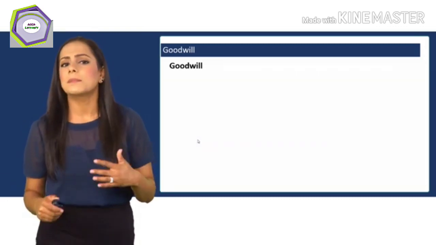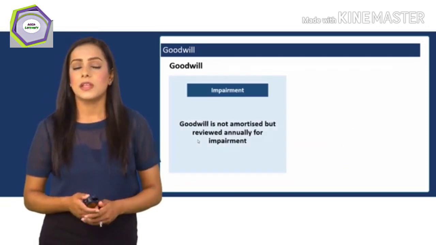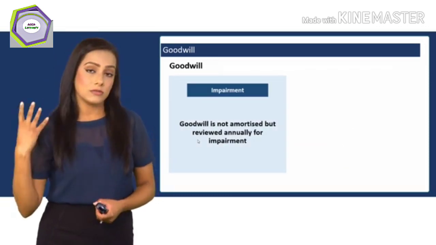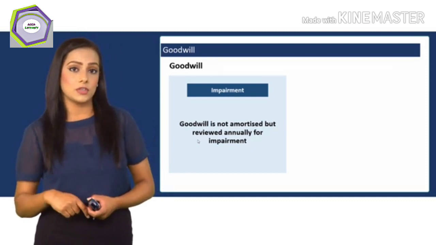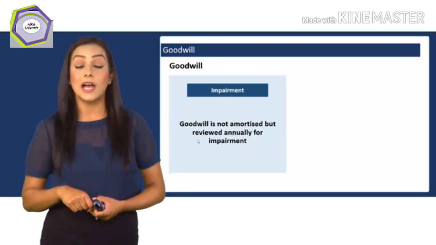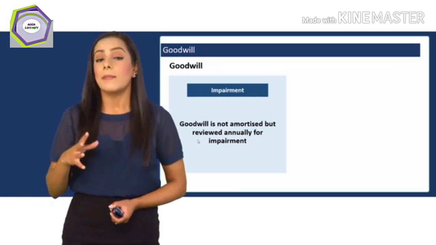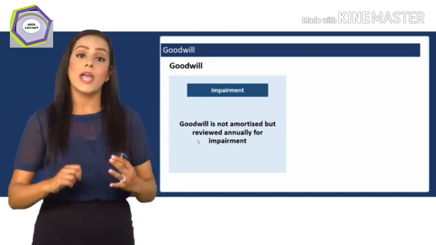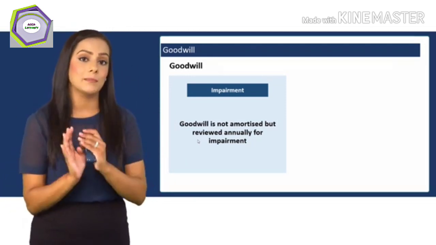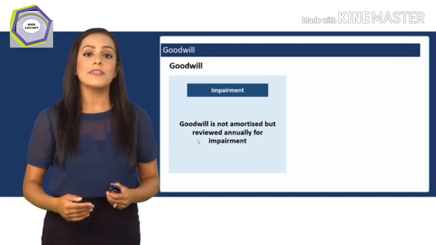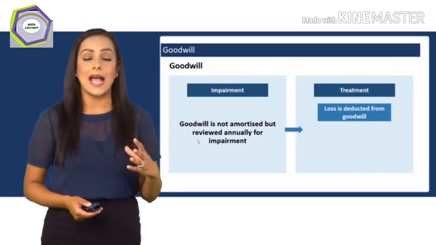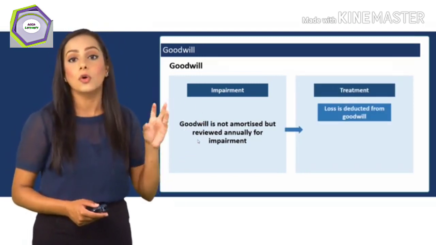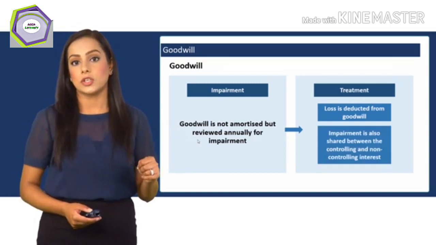Now, what do we mean by an impairment? The goodwill that has arisen from buying the subsidiary is not amortized, i.e. we don't depreciate it, but every single year we check if the subsidiary has suffered an impairment. And this impairment is treated as a deduction. We take it away from the goodwill at acquisition.